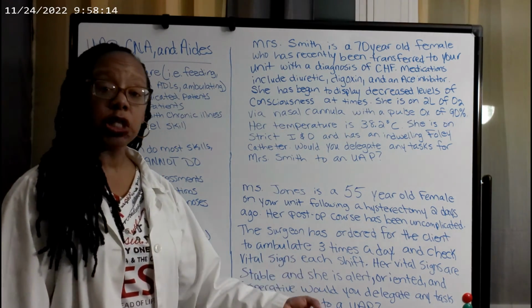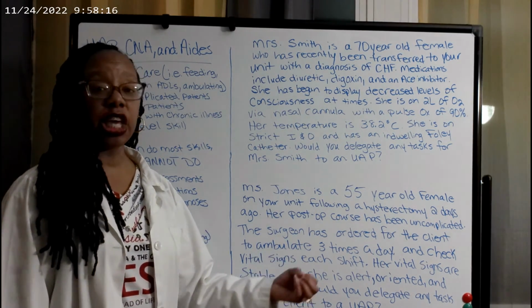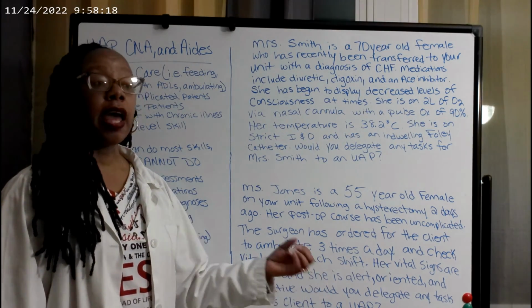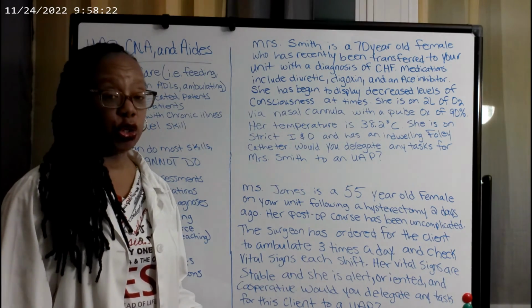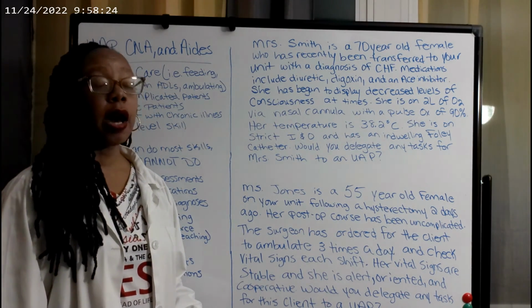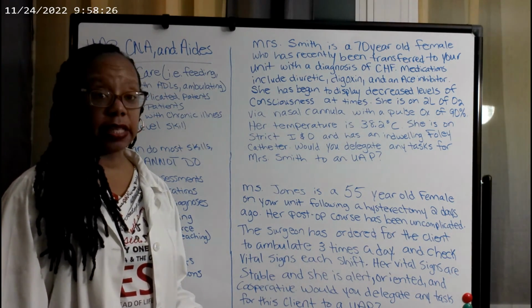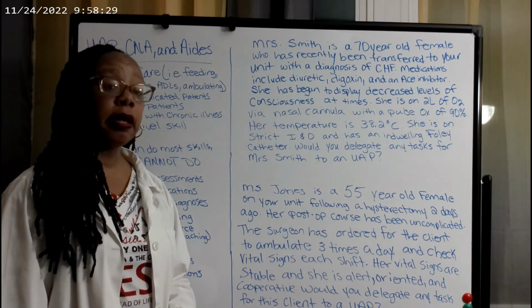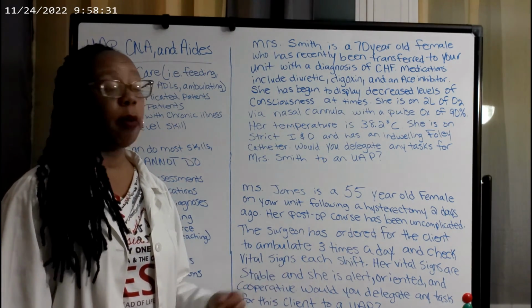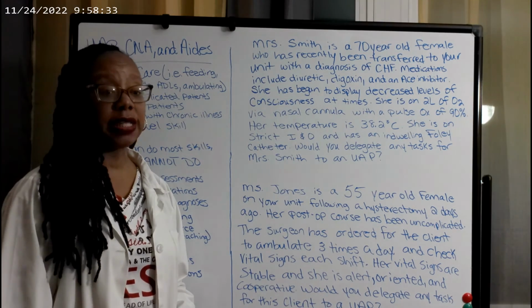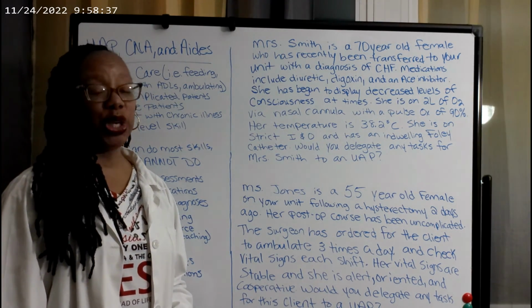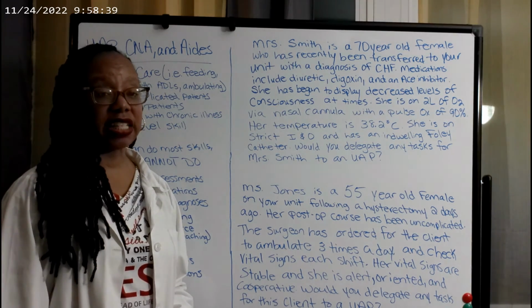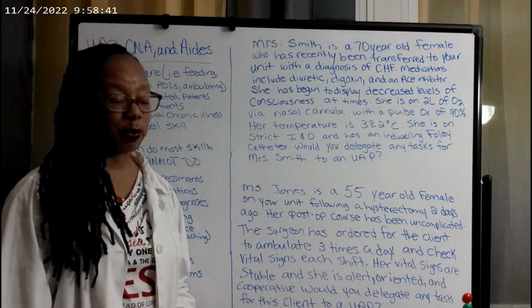Do you want her to use a gait belt? Be specific in your communication. And then how do you want the aide to report back to you after they've completed that task? So be clear in your communication. And again, remember I said you don't have to be mean or nasty about it. It's okay to say please and thank you when you're delegating tasks to other individuals.